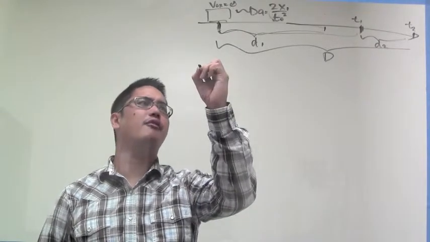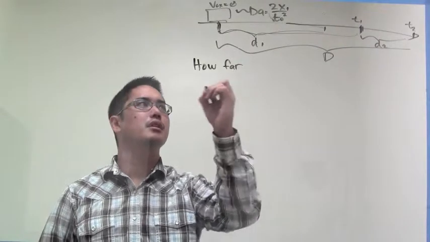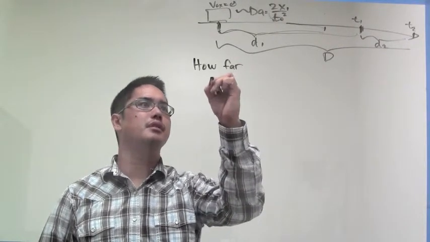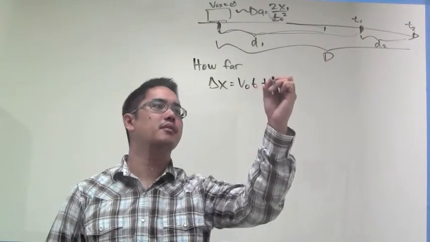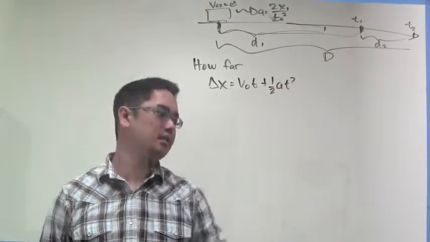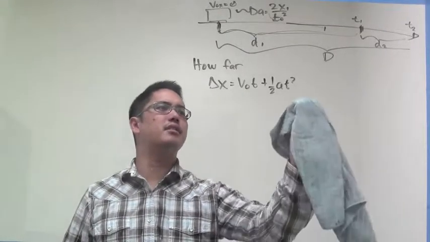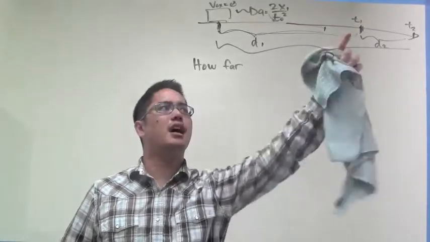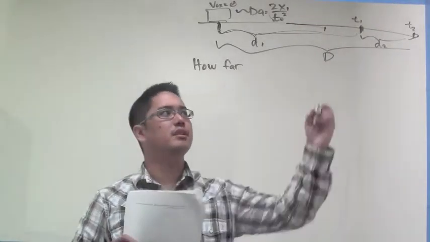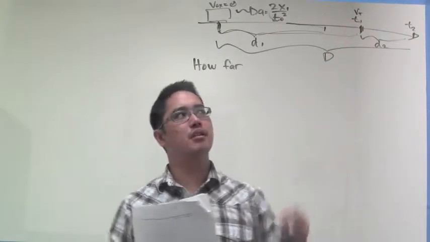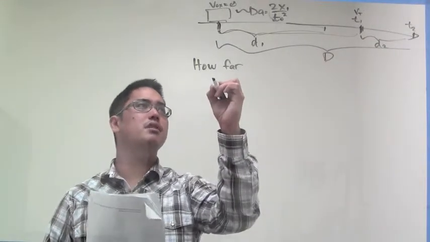So in order to figure out how far he went, let's go with delta x equals v naught t plus 1/2 at squared. I don't know if I want to use that equation now that I'm thinking about it, because I don't know the time or the distance that he's moving at. I know the velocity final. He's reached his top speed, so I'm going to call it v with a little t down there. So let's use this equation instead.